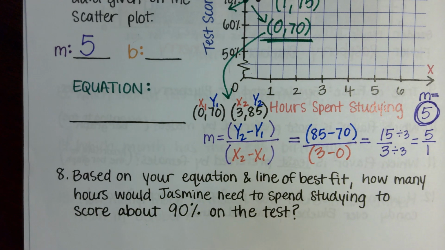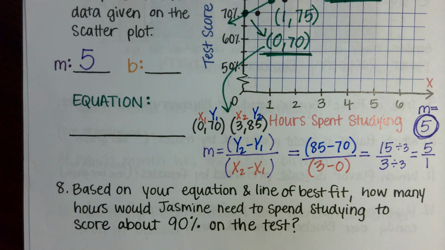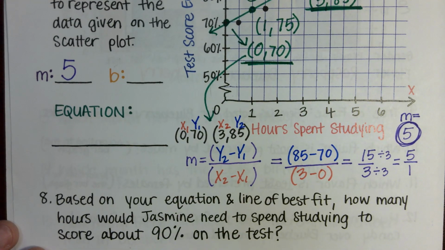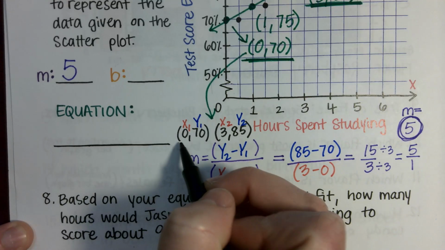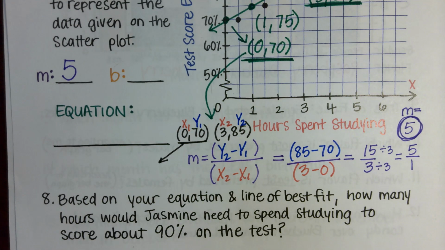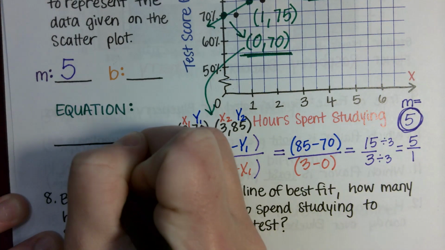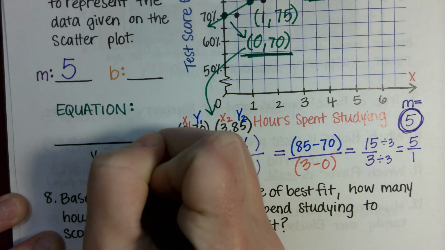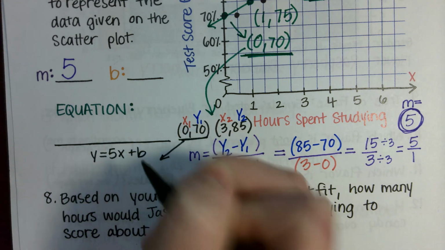So which coordinate do you guys want to work with? (0, 70). Yeah, let's work with (0, 70). All right. So we are going to plug that into y equals 5x, because that's our m, plus b.